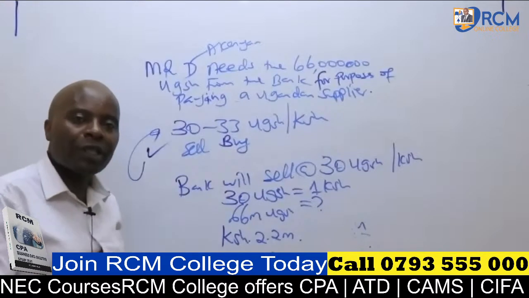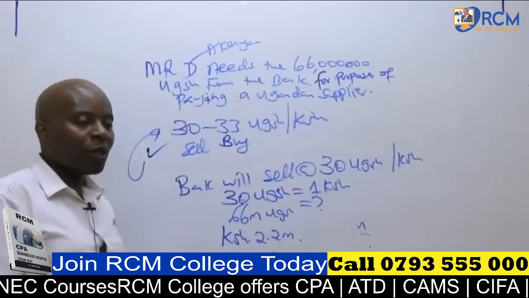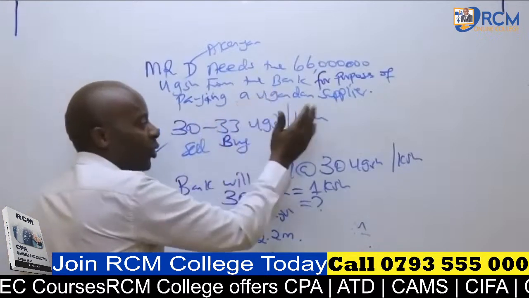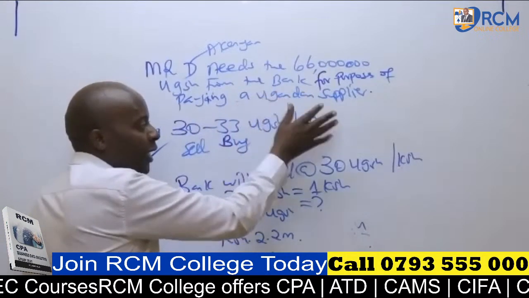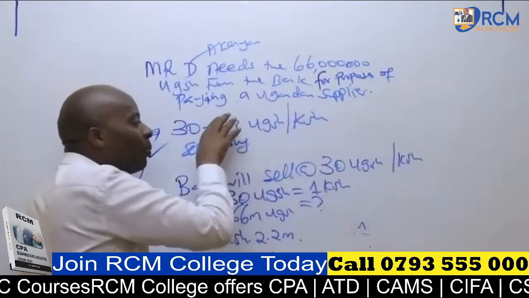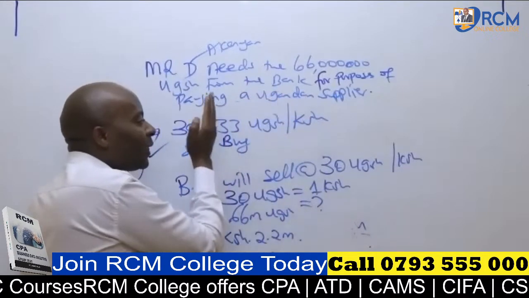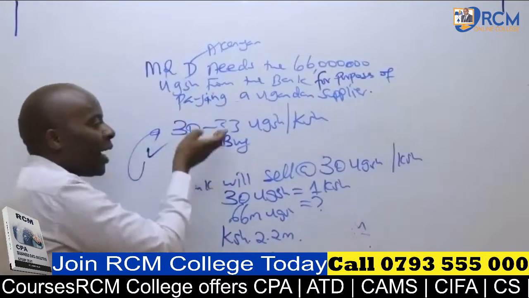Always work with the position of your home currency. The position of your home currency is the Kenya shilling, which is on the other side. Once you have the Kenya shilling on the right-hand side, automatically the right-hand figure becomes the buy and the other one becomes the sell.